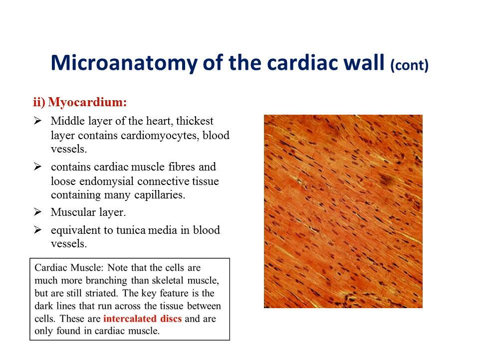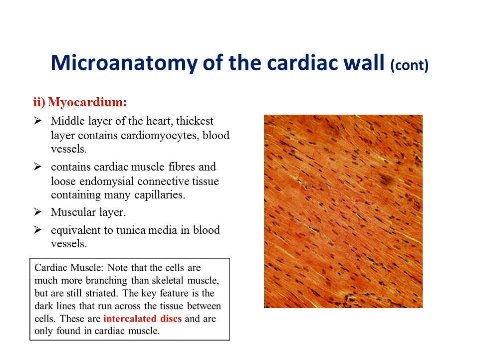It is equivalent to the tunica media, the intermediate layer of the blood vessel itself. Let us note that the cells of the myocardium are more branching than the skeletal muscles, the other type of muscle cells, and it's striated, of course.